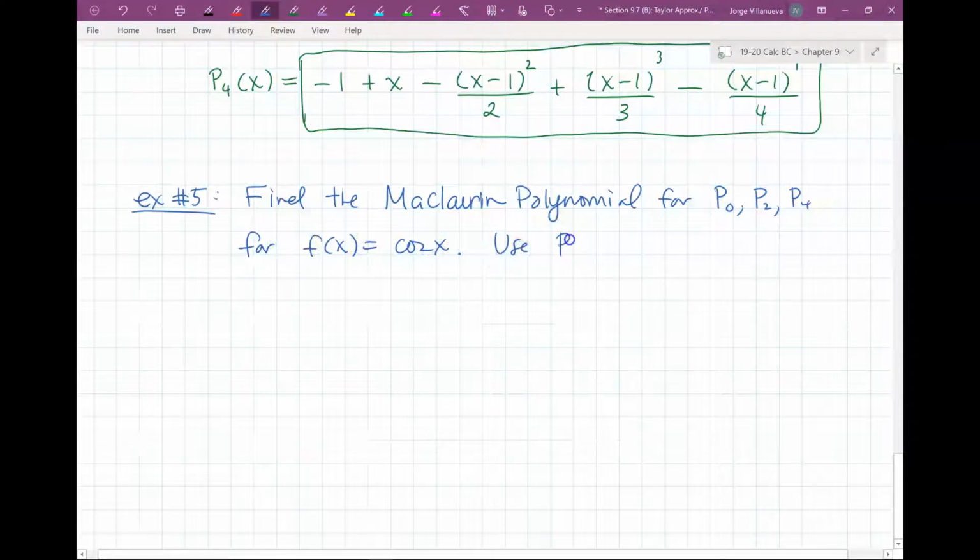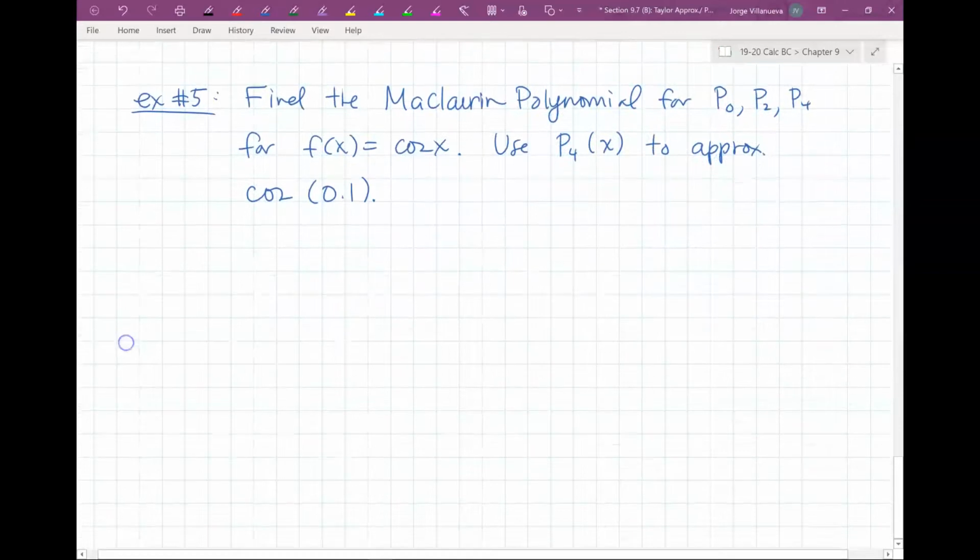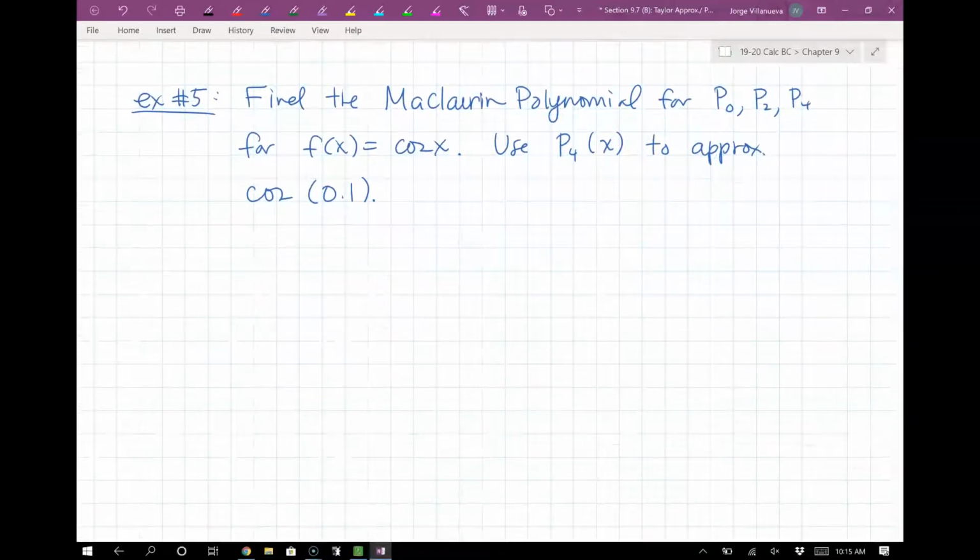Then we're going to use p sub 4 of x to approximate cosine of 0.1. We may stop after this one. I think this might be a good one to stop at. So I need p sub 0, p sub 2, p sub 4, right? My 0th degree, 2nd degree, 4th degree polynomial.